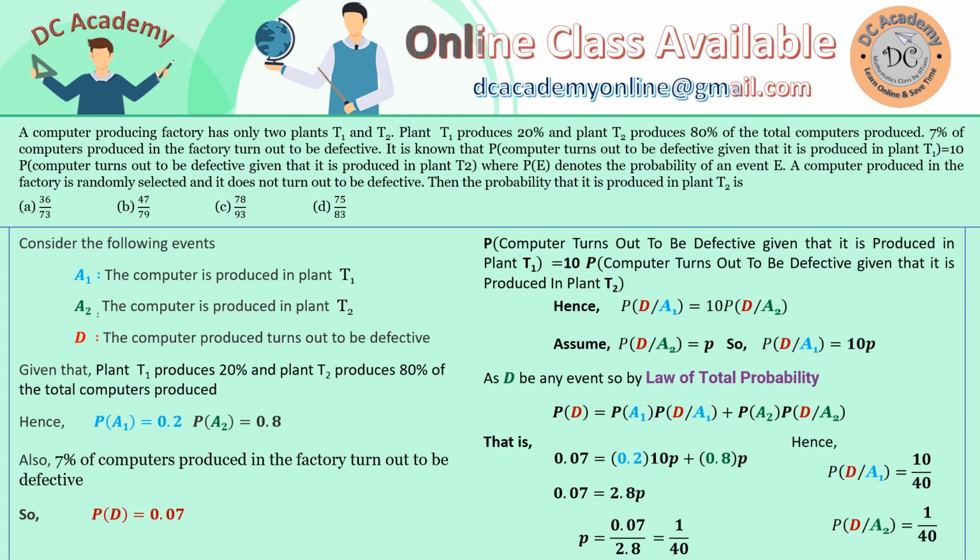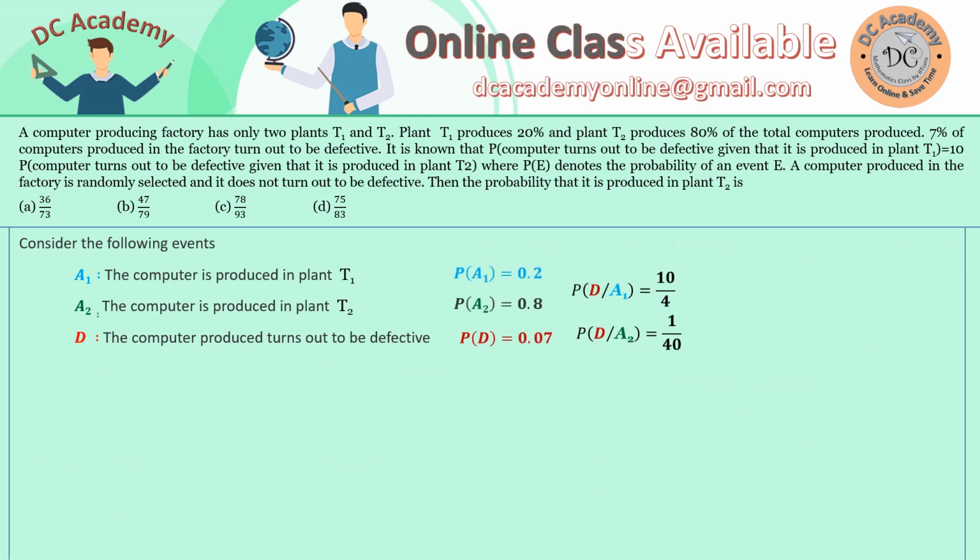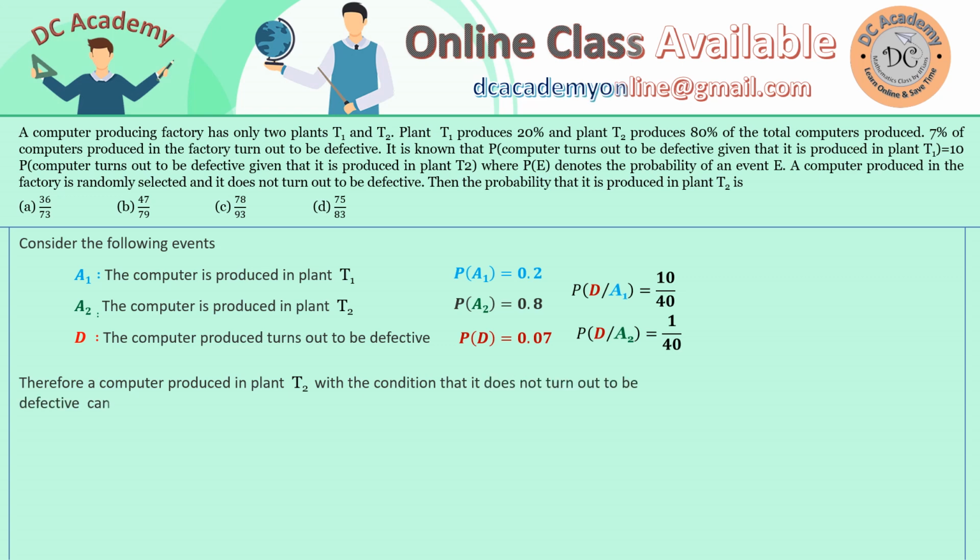Now we have to find our required conditional event. We need to find a computer which is produced in plant T2 with the condition that it doesn't turn out to be defective.